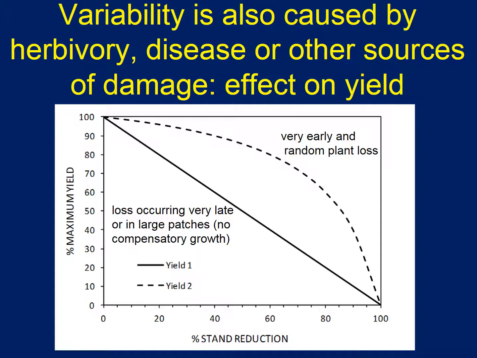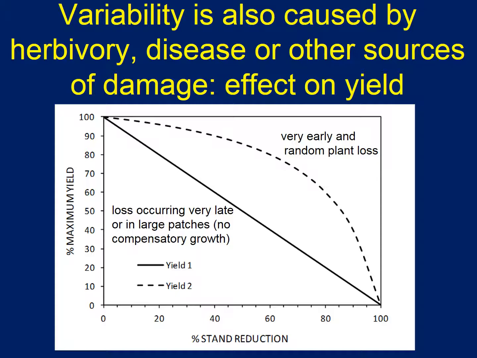Apart from variability due to variations in the time to emergence, we have another source of variability, which is the loss or the damage to plants caused by herbivores, diseases, or other sources of damage like hail.